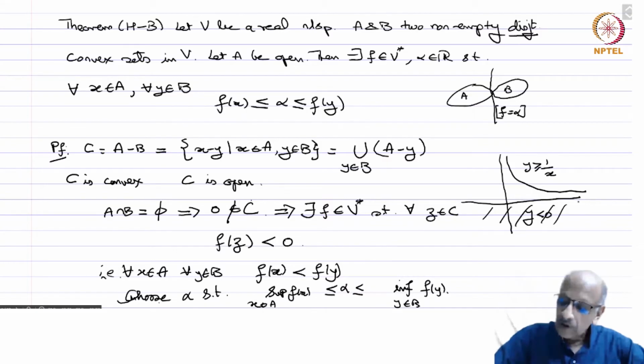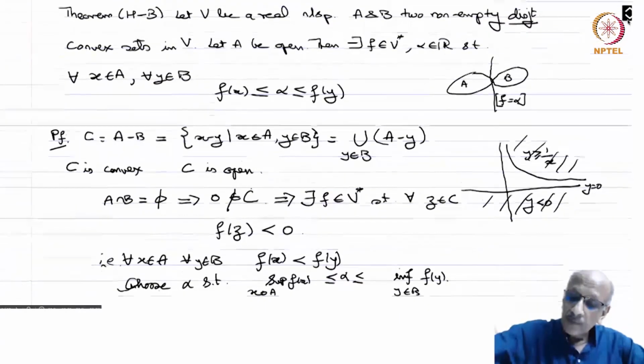So this is one convex set, this is the other non-empty convex set, and you want to put a hyperplane between them. So in fact you will see that y equal to 0 is the hyperplane which separates these two. You can't have a strict separation because these two sets, though they are disjoint, asymptotically the points become closer and closer to each other, so they can't be separated by any single plane.